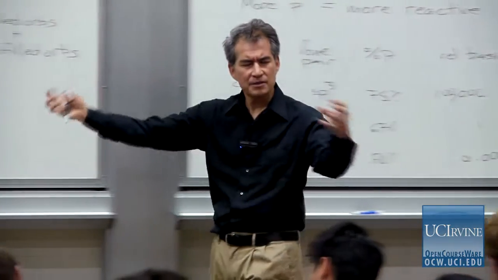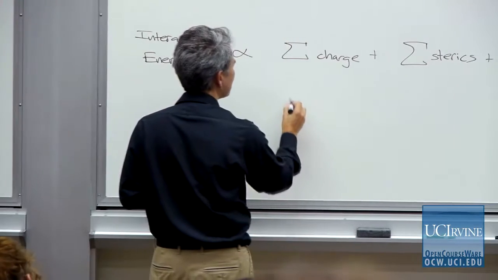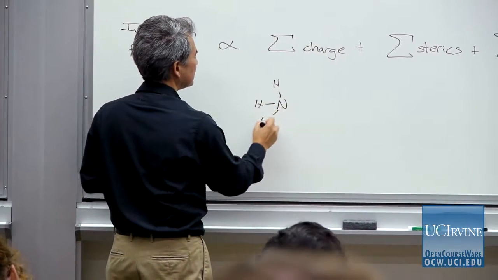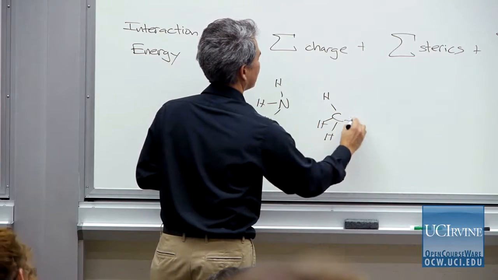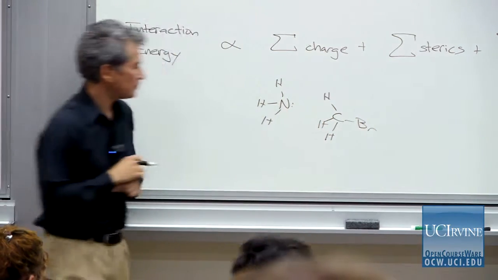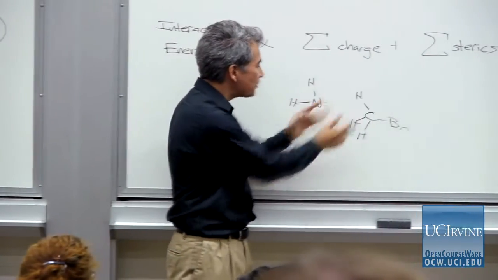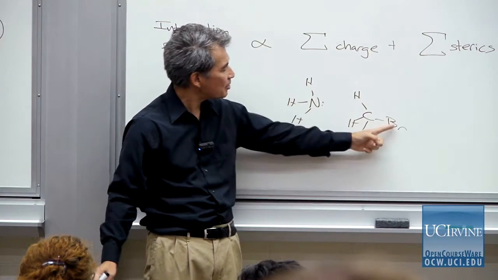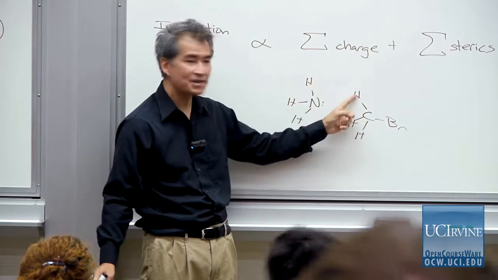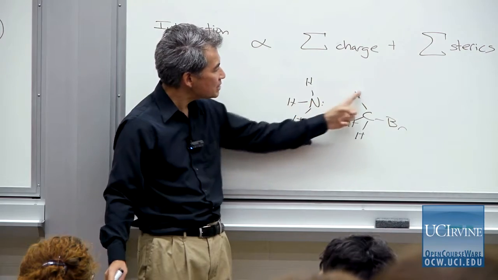We said that this equation obligates us, whenever we have two things interacting with each other, to add together all the charges. So if I had some sort of an amine interacting with some sort of an electrophilic organic compound, like bromomethane, as these get closer and closer together, if I want to calculate how good or bad it is for these things to get closer and closer, I have to think about the charges between the proton and the bromine, the proton and the carbon, the proton and the H. I have to think about the charges on the nitrogen interacting with the proton.